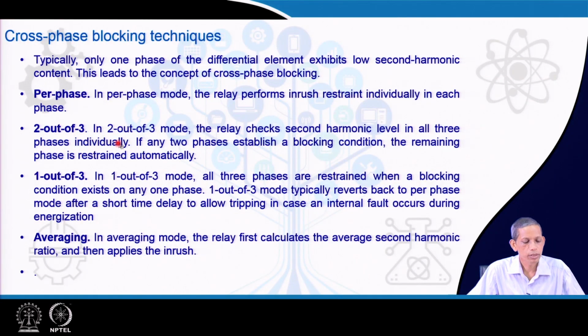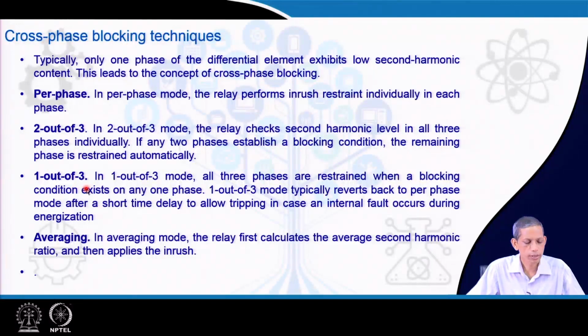In 2 out of 3 mode, the relay checks the second harmonic levels in all three phases, and if it finds that 2 out of the 3 phases have significant second harmonic greater than the restraint setting, like 15% or 20%, then the relay will block all 3 phases.